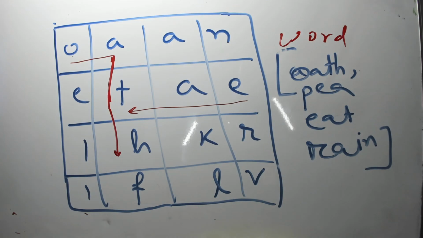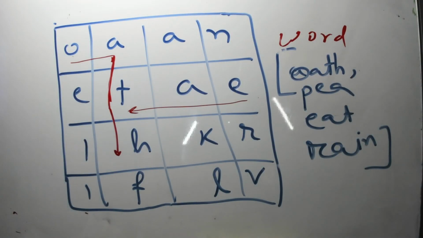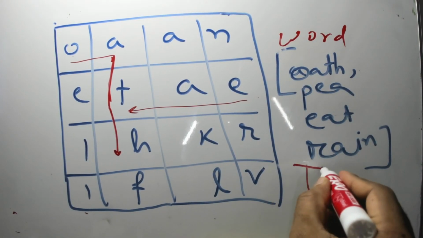To do that, the only thing we have to do is put our words in a data structure that will help us compare our characters, and that data structure will be a trie.